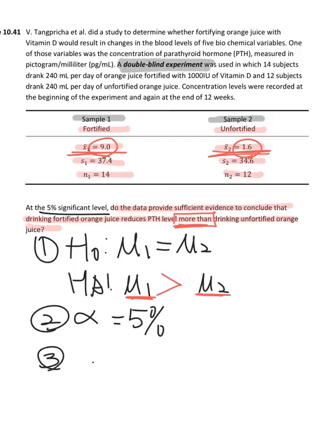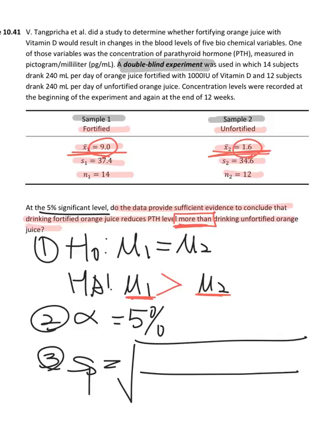Then now, let me take SP. N1, 14 minus 1.